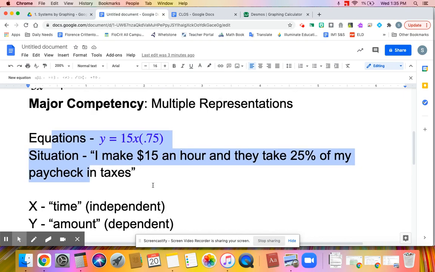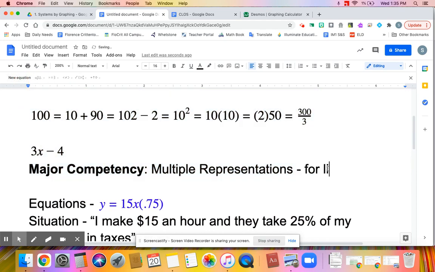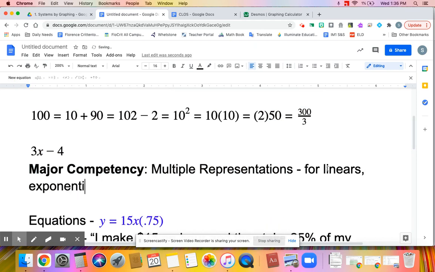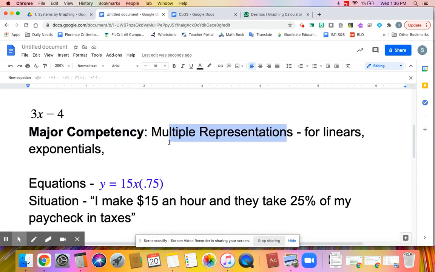So that's one of the competencies that you have to prove mastery on for all the types of equations. So for linears, you already did that in semester 1. For exponentials, you already did that in semester 1 as well. But there will be many more types of equations you're going to learn about throughout the rest of your math that you're going to be expected to go between all of the representations on them.